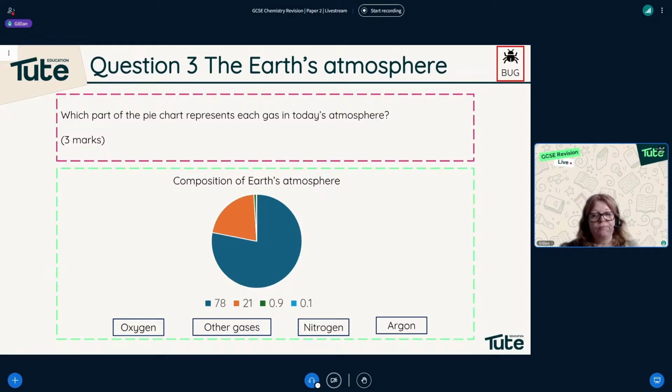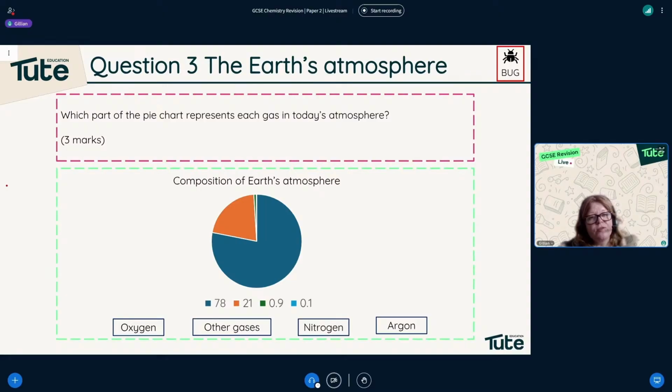Okay, then. So, this question is still about the Earth's atmosphere, but thinking about the Earth's atmosphere today. And for about 200 million years, the proportions of different gases in the atmosphere have been much the same as they are today.